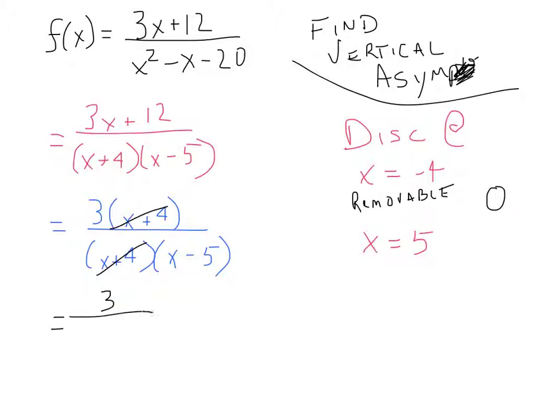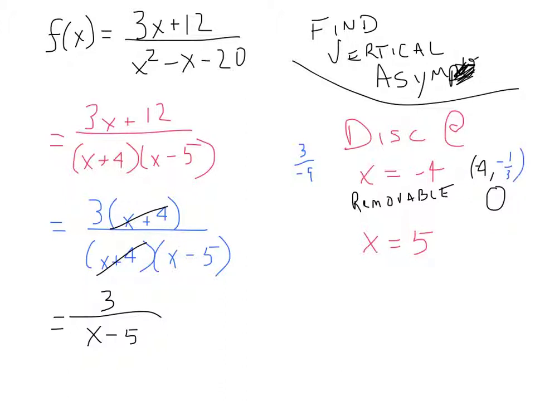The equation would simplify to just 3 over x minus 5. We could figure out that the hole is located at x equals negative 4, and if we plug in negative 4 here, we get 3 over negative 9, or negative 1/3. There is a hole in the graph at that point.